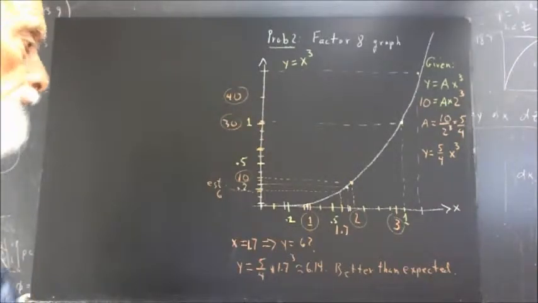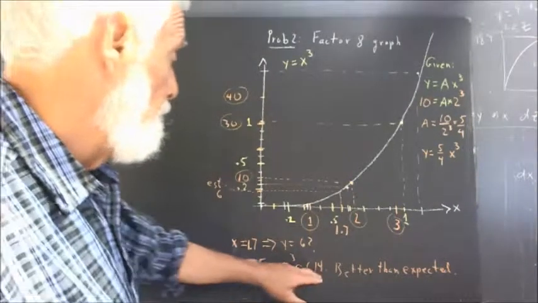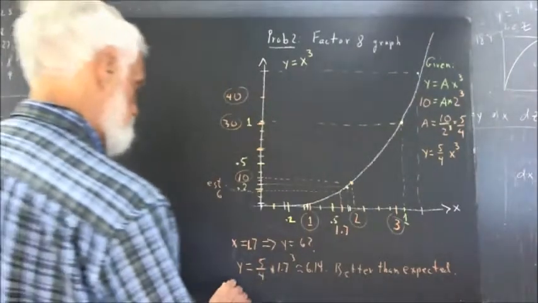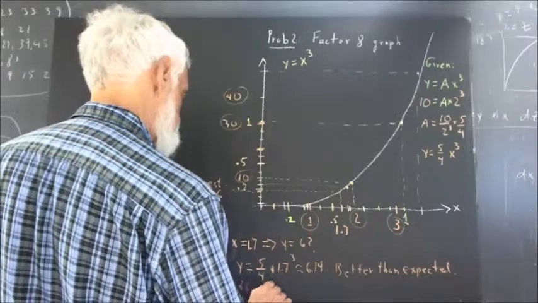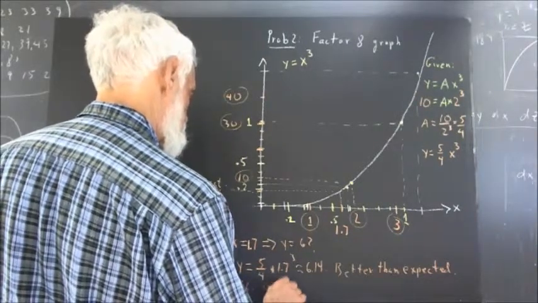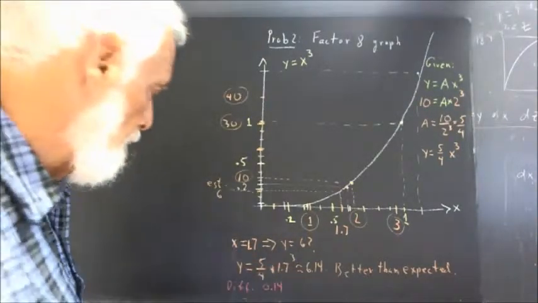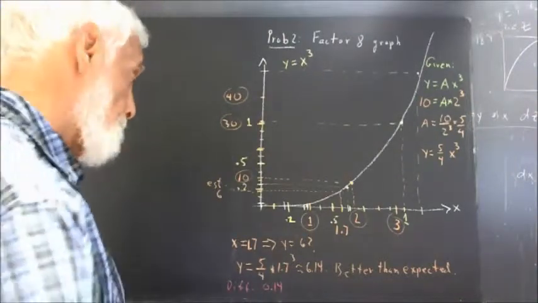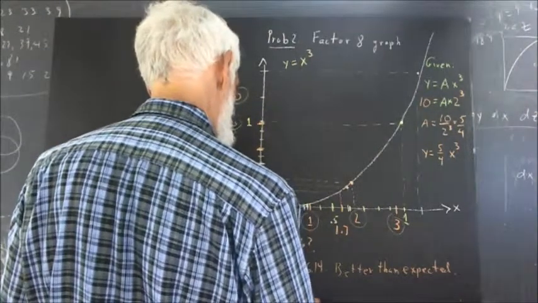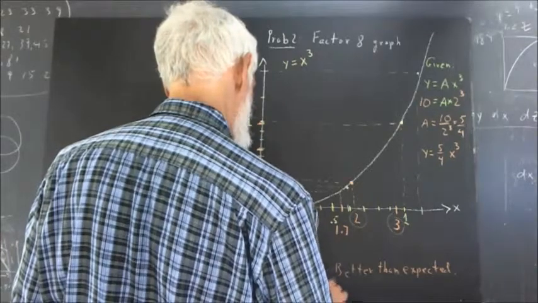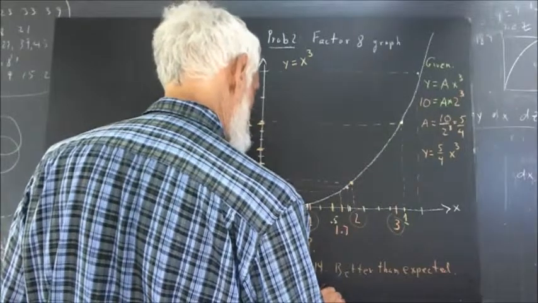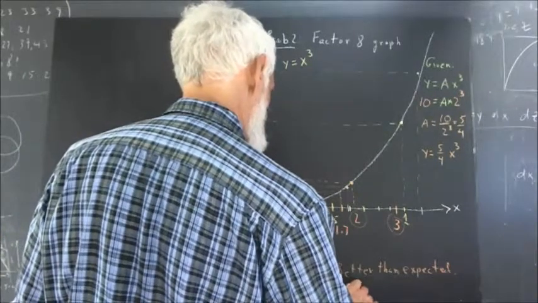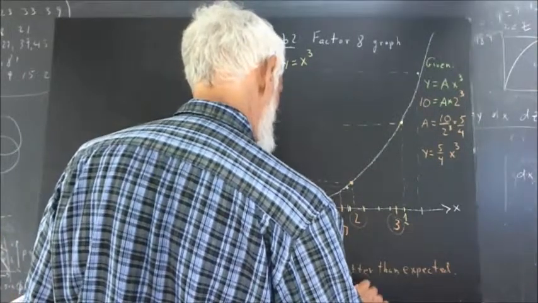Now we're also asked for the percent difference. Well, the difference between estimate and calculated value is 0.14, and as a percent of the value, 0.14 over 6 is 0.023.